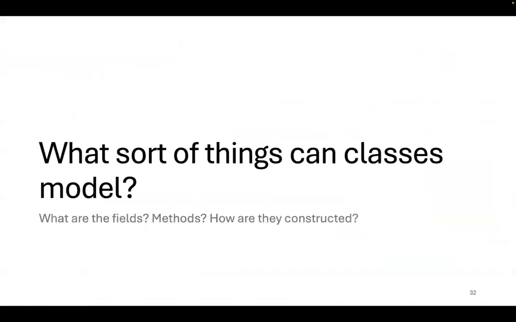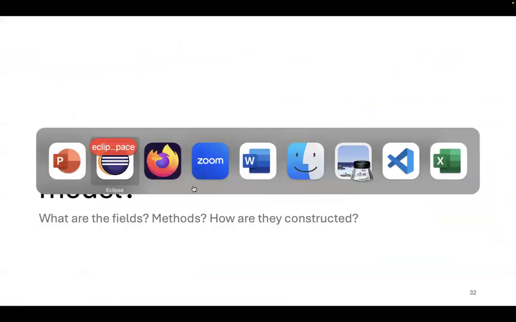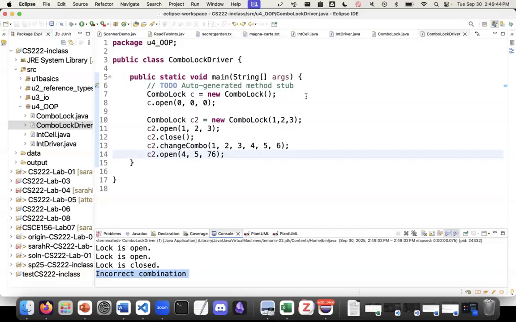All right, we did that. So now I want to have the rest of the time for us to be creative. We've created a very simple class for the int cell. We created a class a while ago for our smart house, and we created a combination lock.